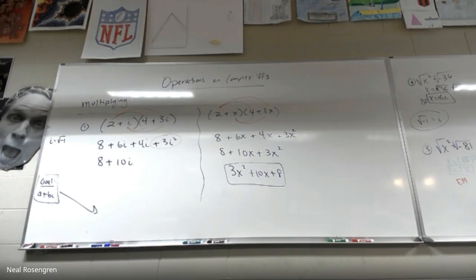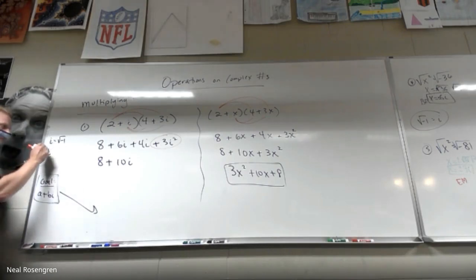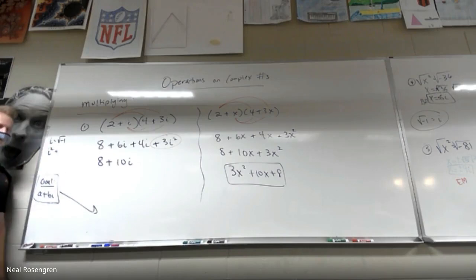So what is it? What is i squared? Close. If i is the square root of negative 1, what's i squared? This takes us back to Friday when we first saw this.